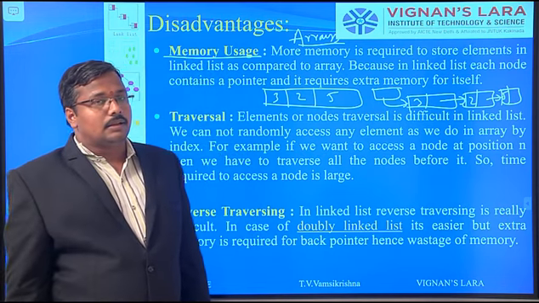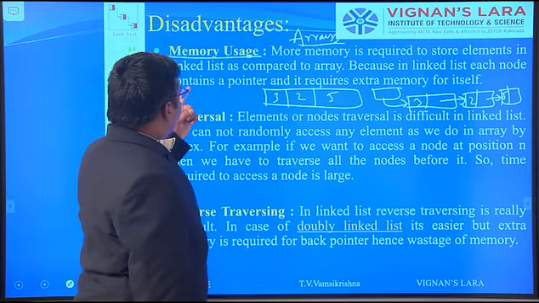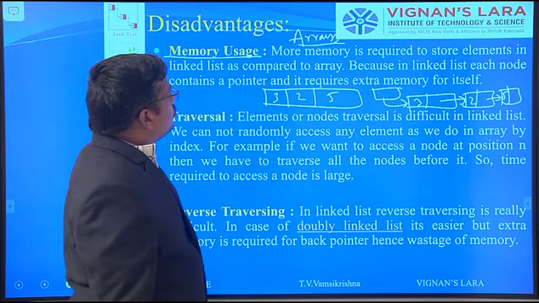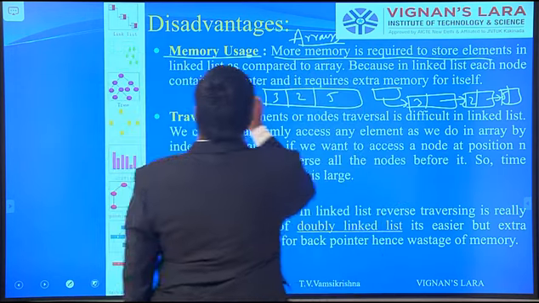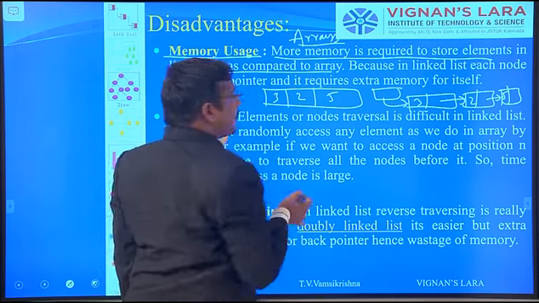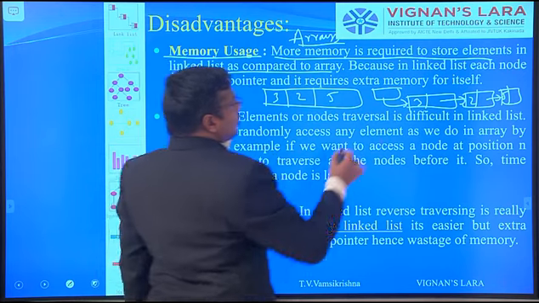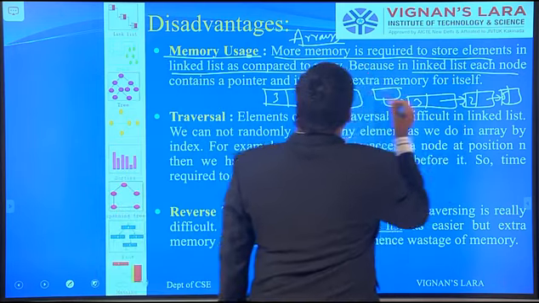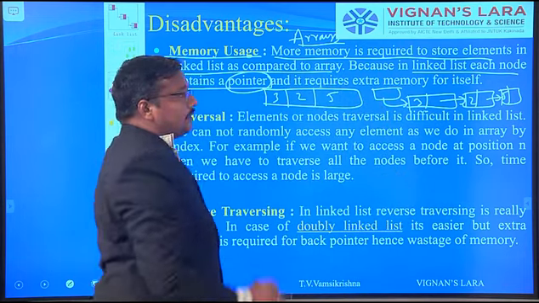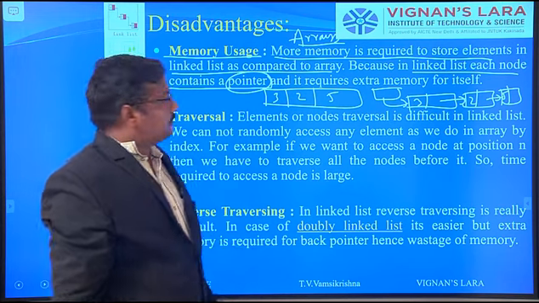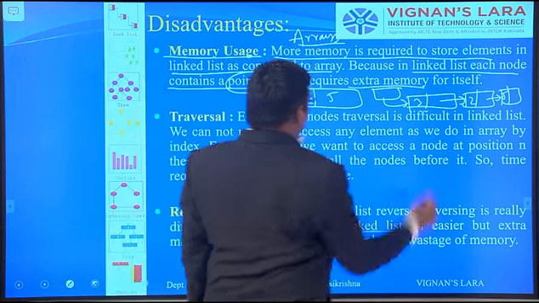That is the meaning of wastage in memory usage. More memory is required to store the elements in the linked list compared to an array, because each and every node contains a pointer, and the pointer requires extra memory.